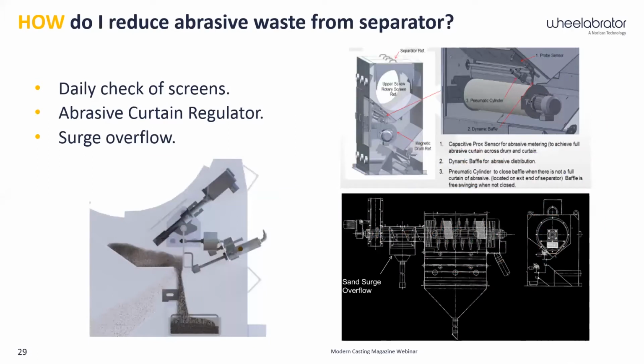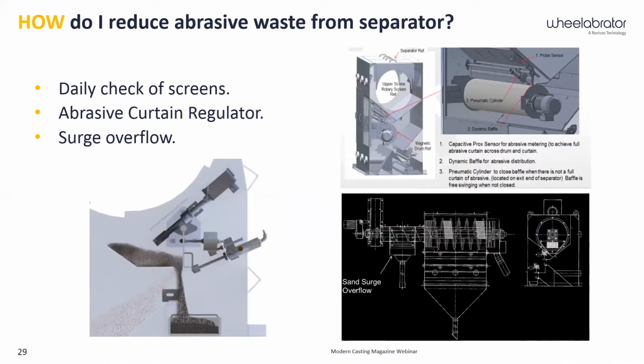It is a system that will make sure your swinging baffle is closed until the abrasive is all the way across the lip, so that when it opens up, you always have a full curtain maintained. If you were to have a surge or something, it'll actually back off and close down so that you're not drawing air off of one end of your separator where abrasive is not present.